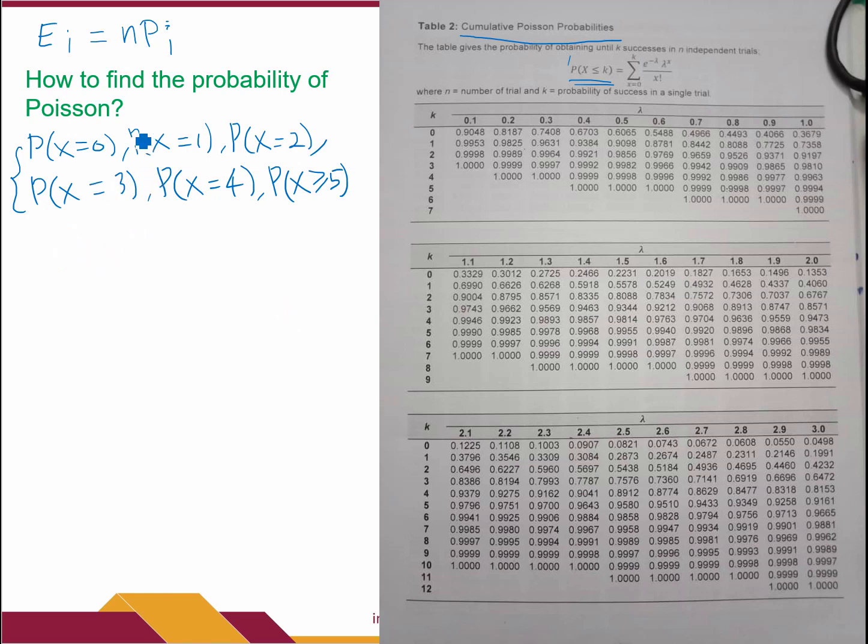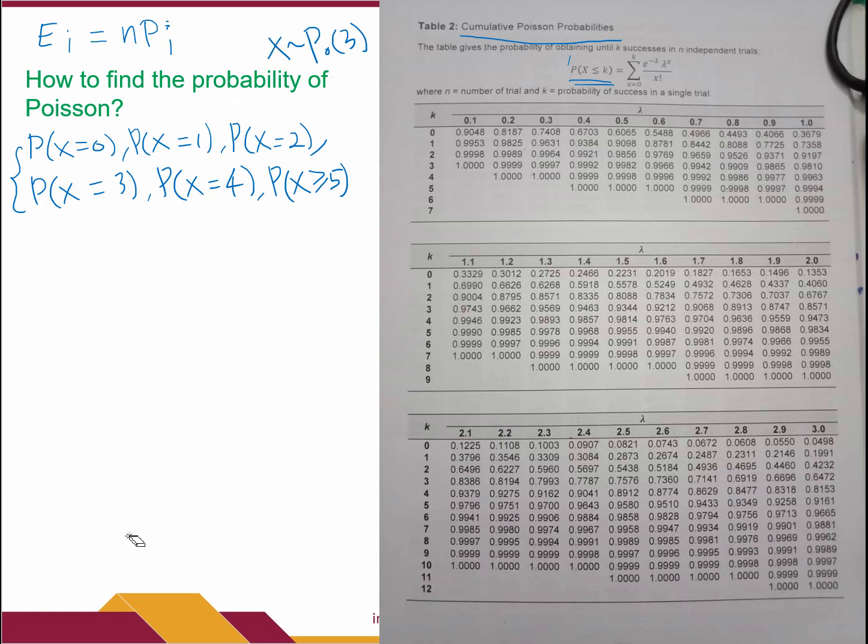So for example, now our Poisson lambda is 3, right? Wait class, I erase here first.